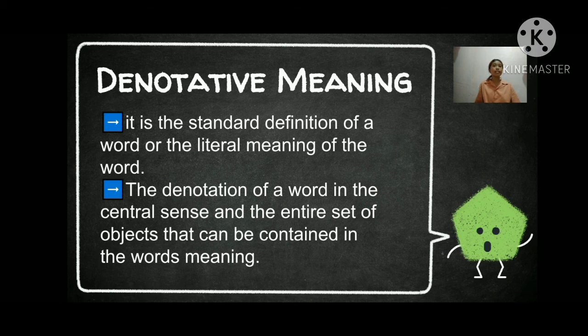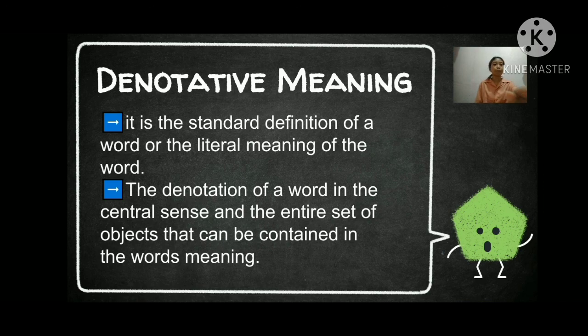That means it is the standard definition or the literal meaning of the word. The denotative meaning of a word is simply the commonly accepted meaning or the definition of the word if we are going to look it up in the dictionary. It does not include the feelings and ideas that people may connect with that word, unlike the connotative meaning. It also doesn't imply subject or judgment.